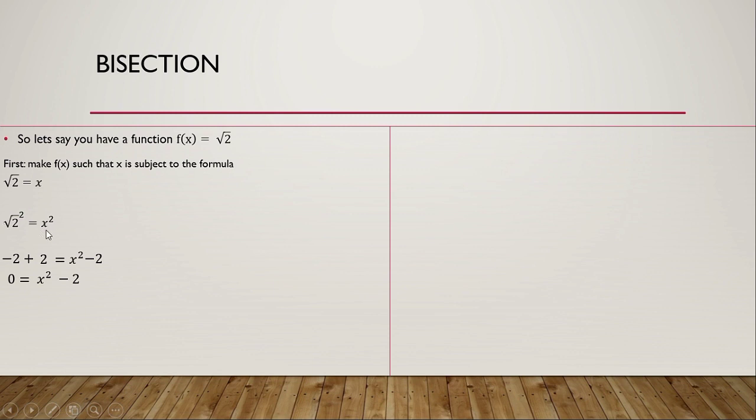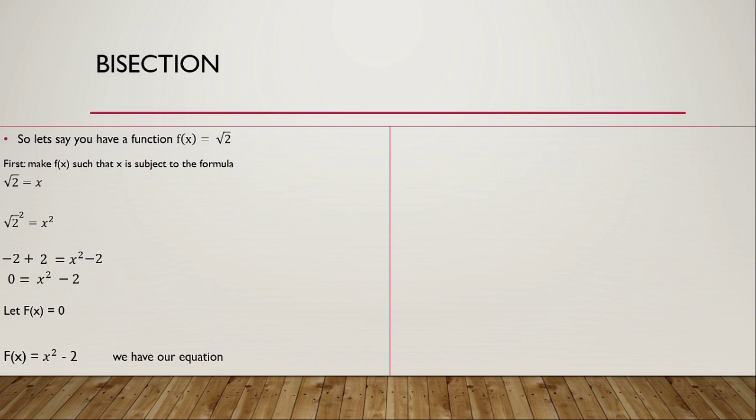And then here we have x to the power 2. If we add negative 2 on both sides of the equation, then 2 minus 2 equals 0, and x squared minus 2 is just x squared minus 2. Then we have our f of x, which is equal to 0, and that is our equation.